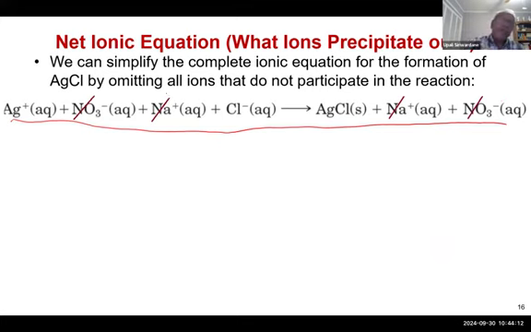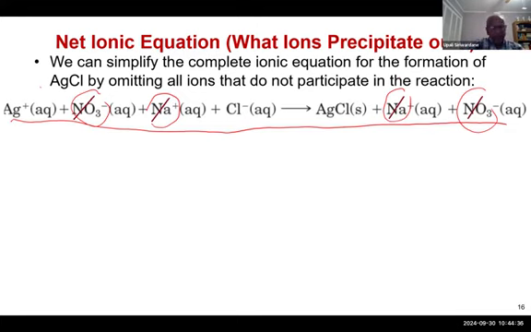When you remove common ions from the complete ionic equation, for example, nitrate is common on both sides and sodium ion is common on both sides, they really do not participate in the reaction. Ions are still there.